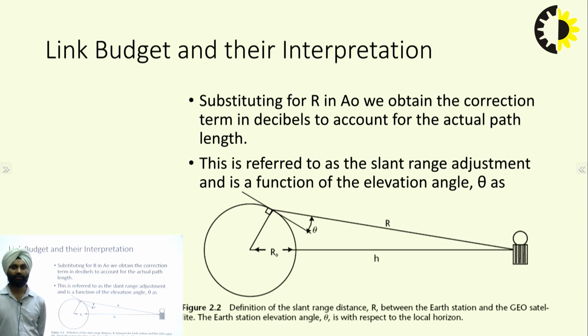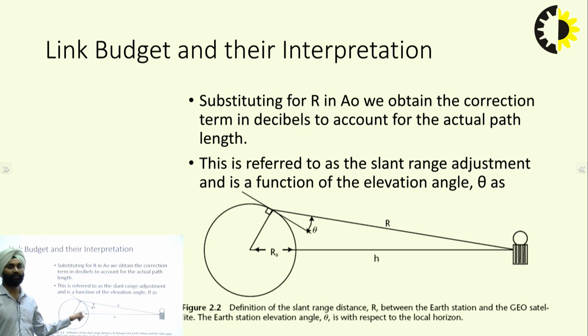So substituting r in A naught, we can obtain the correction term in decibels to account for the actual path length. This is referred to as the slant range adjustment, a function of the elevation angle theta. This diagram shows that when we are calculating a link budget, we take r from here to the radius, but we can also take r as the height of the satellite from the earth station, and then there will be some difference.